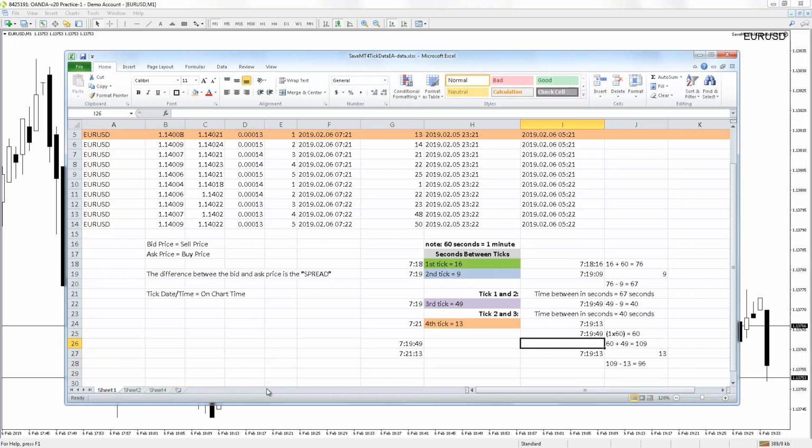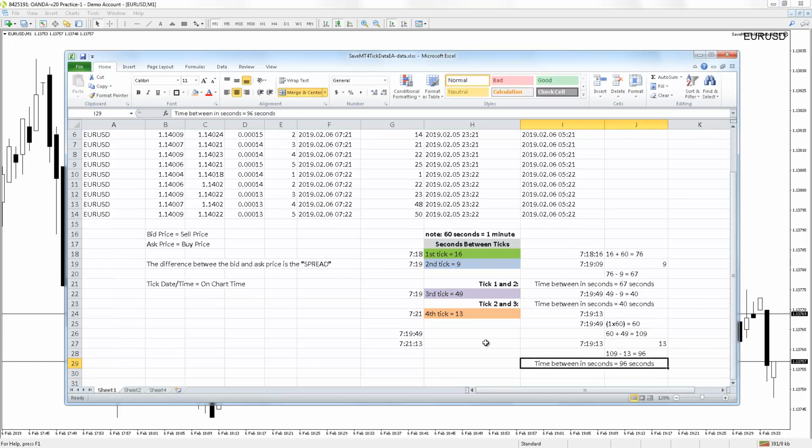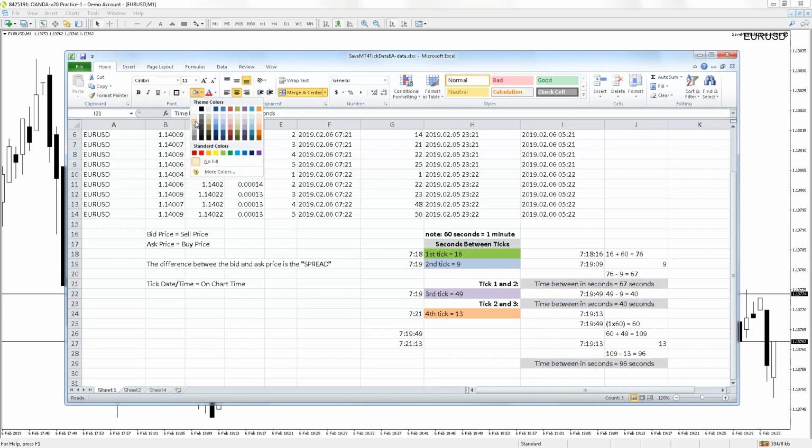And then control copy, paste, and so now we have 96 seconds. So the time between the third tick and the fourth tick was 96 seconds. Let's give these a little highlight here so they're easier to see.